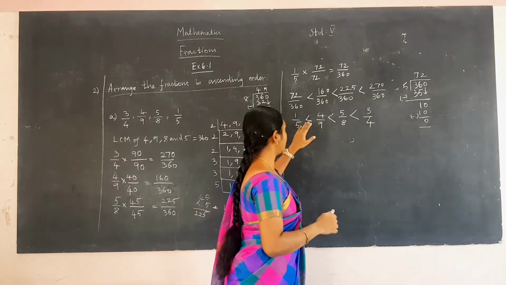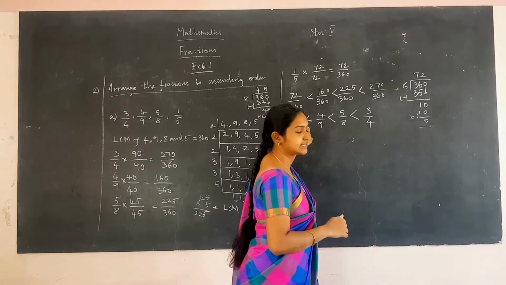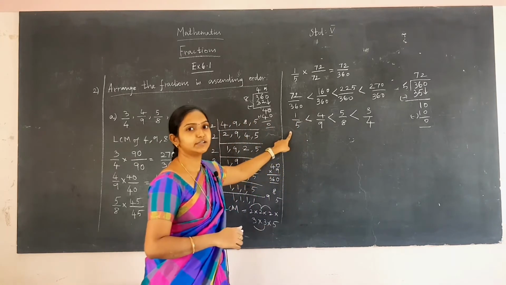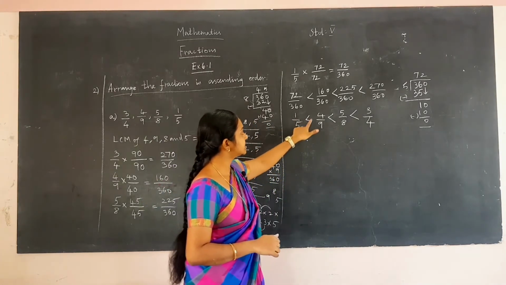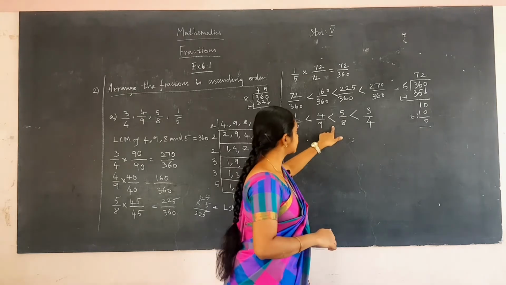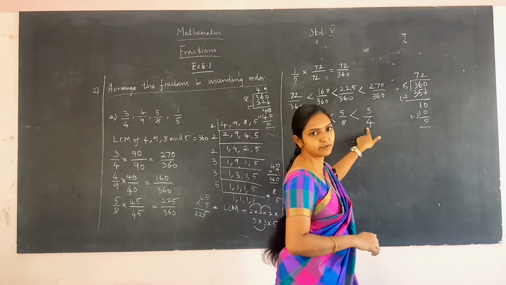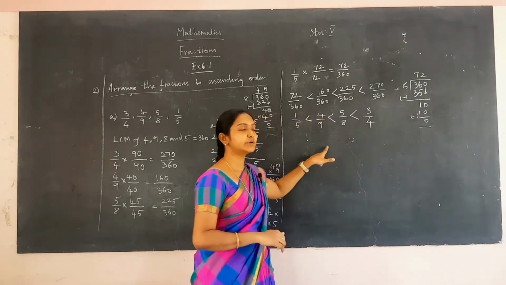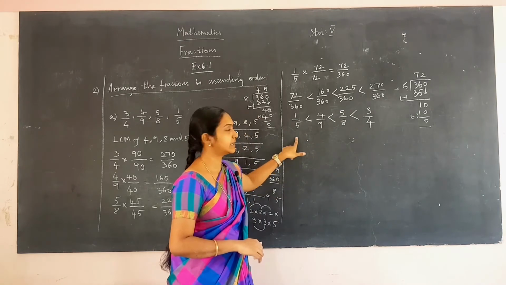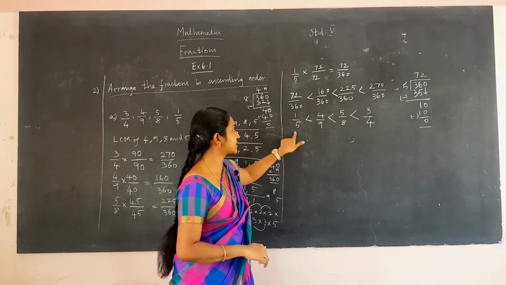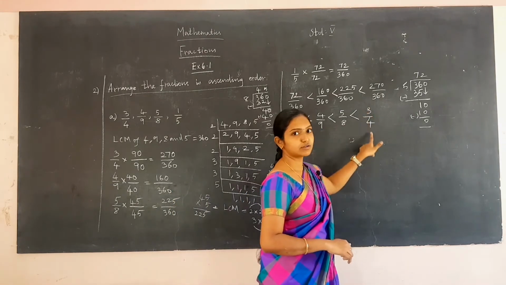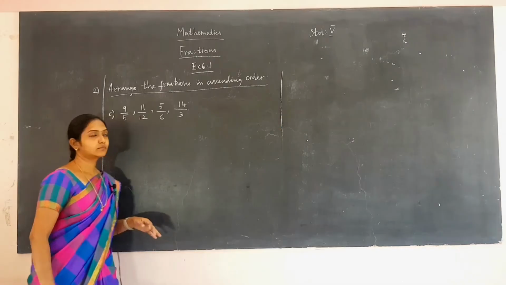For ascending order, you must use less than sign. We have to read it as 1 by 5 is less than 4 by 9, is less than 5 by 8, is less than 3 by 4. This is the smallest fraction and this is the largest fraction.